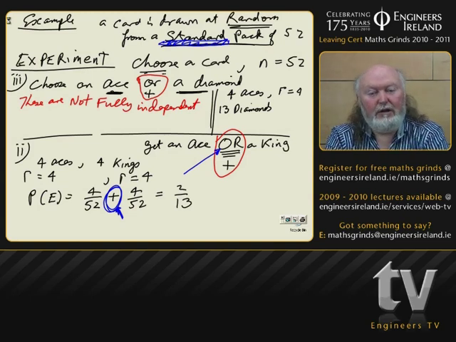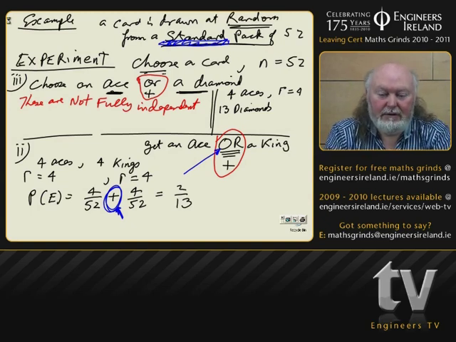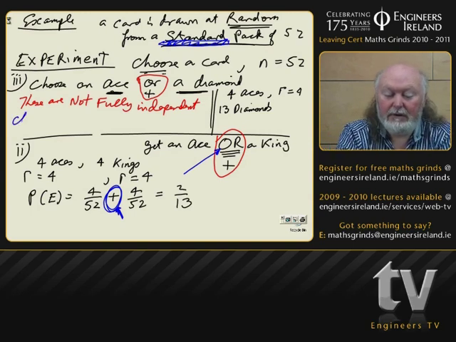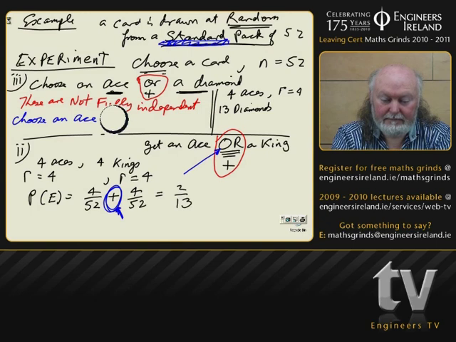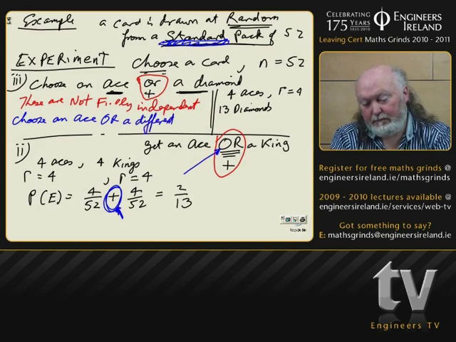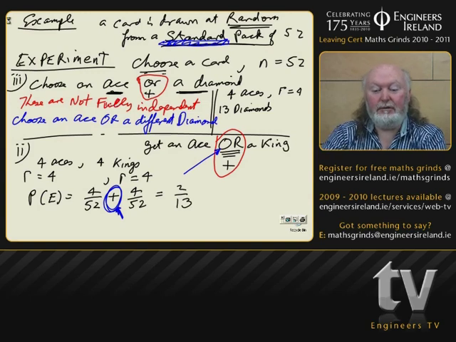we have to change the game into an independent one. And how we do it is we change the request. The request will get changed to choose an ace or a different diamond.